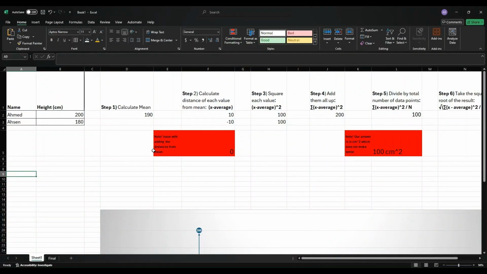So, to develop an understanding of standard deviation, we will look at an example where we won't start with returns, we will start with heights, and we'll only use two data points. So we have the heights of two individuals, Ahmed and Essen. Ahmed's height is 200 centimeters, Essen's height is 180 centimeters. Now, their average height is 190 centimeters, right?